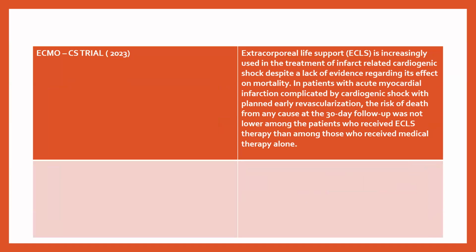Then in 2023, the ECMO-CS trial was published, as extracorporeal life support is increasingly used in the treatment of infarct-related cardiogenic shock, despite the lack of evidence regarding its effect on mortality. So, in patients with acute myocardial infarction complicated by cardiogenic shock, with planned early revascularization, the risk of death from any cause at 30-day follow-up was not lower among patients who received ECLS therapy than among those who received medical therapy.